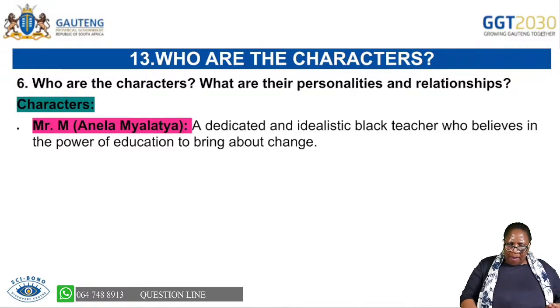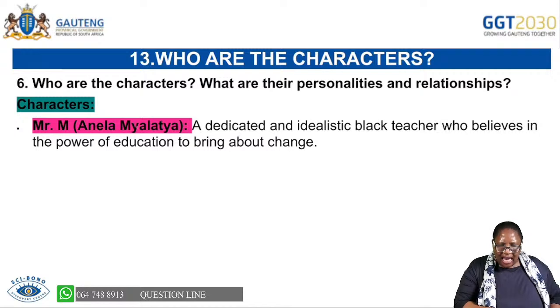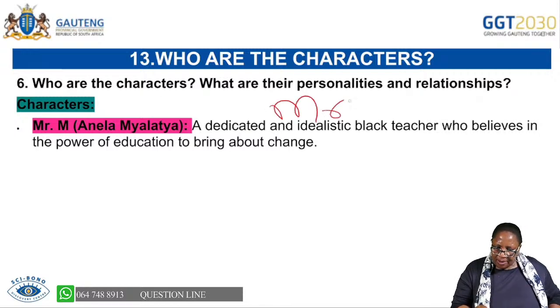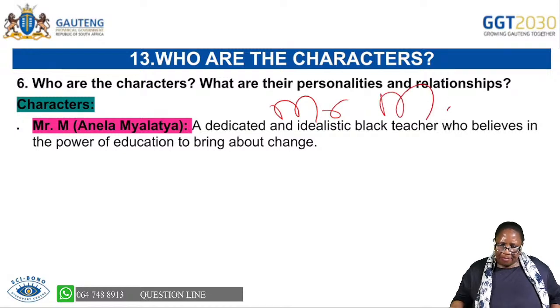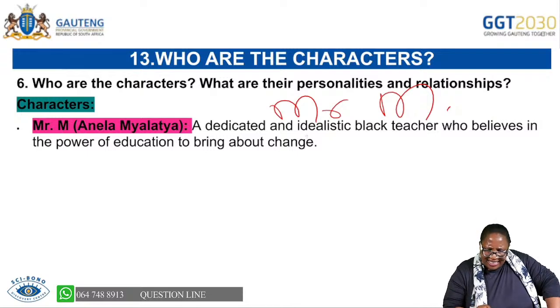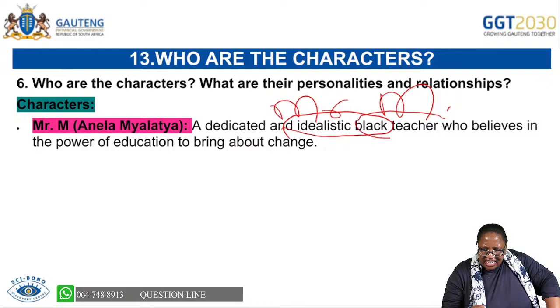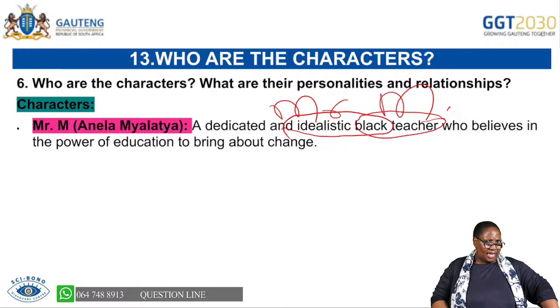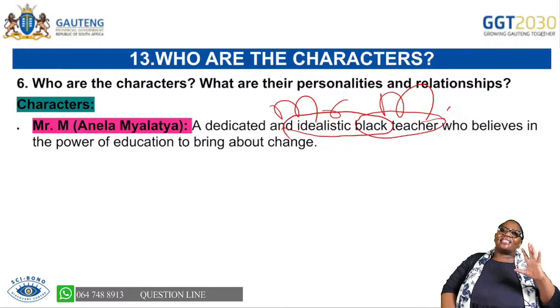We have Mr. Anela Mialata, who we all know as Mr. M. How do we know Mr. M? We know him as a dedicated and idealistic black teacher. Idealistic meaning he looks at things in an ideal world.